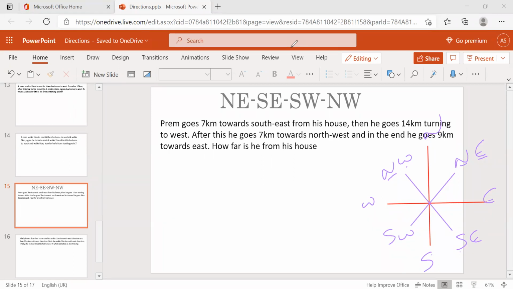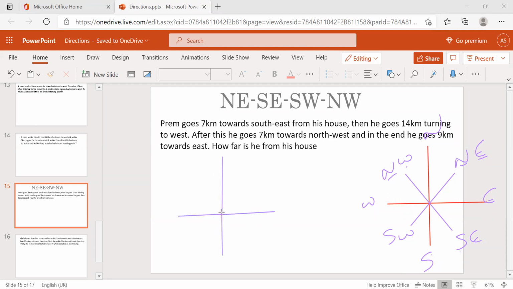Up to this, we solved questions like a person started from the origin towards north, towards east, towards south, or towards west, straight to the north, straight to the east, straight to the south, or maybe right and left.